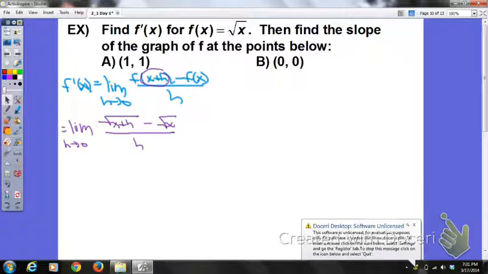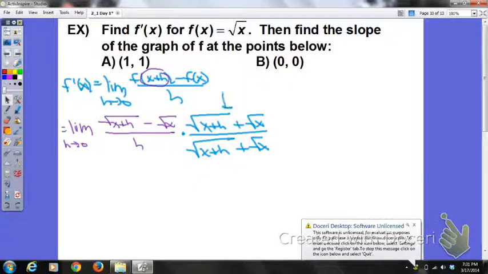We can't use direct substitution and put 0 in for h because we'll have a 0 in our denominator. So we need to rationalize. To rationalize, we need to multiply by the square root of x plus h plus the square root of x, over the square root of x plus h plus the square root of x. This is technically a form of 1.